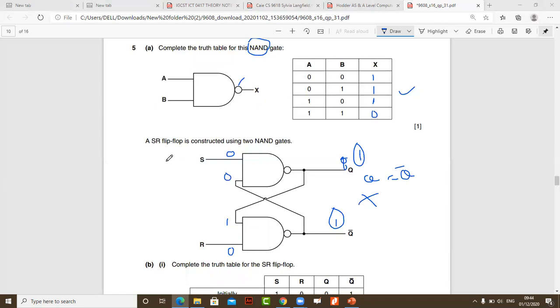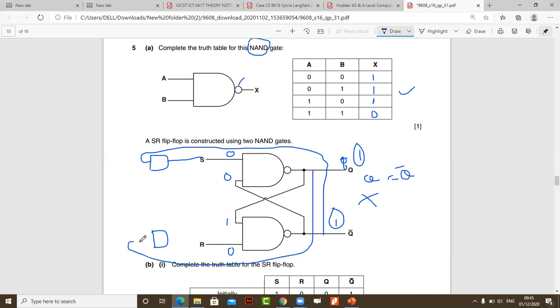You will add another gate here, one input of which will come from here, and another input will come from here. One input will be its own, and one input will be the clock. So one is the clock pulse.